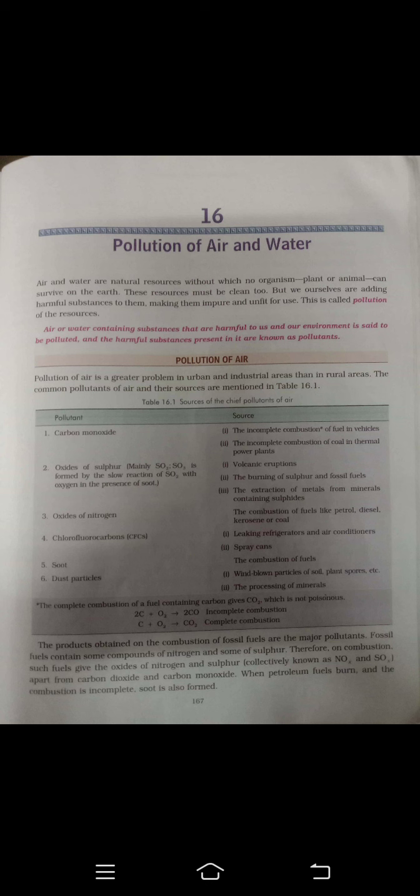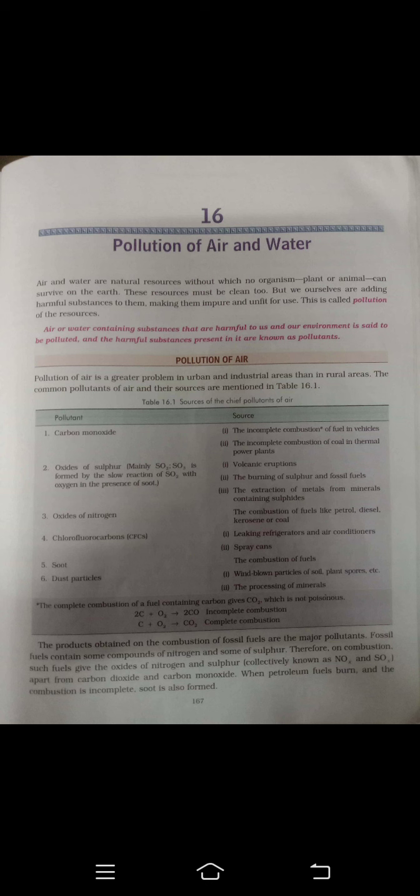SO3 is formed by the slow reaction of sulfur dioxide, that is SO2, with oxygen in the presence of soot. The main sources of these are volcanic eruption, burning of sulfur and fossil fuels, and the extraction of metals from minerals containing sulfides. Even you can find oxides of nitrogen.